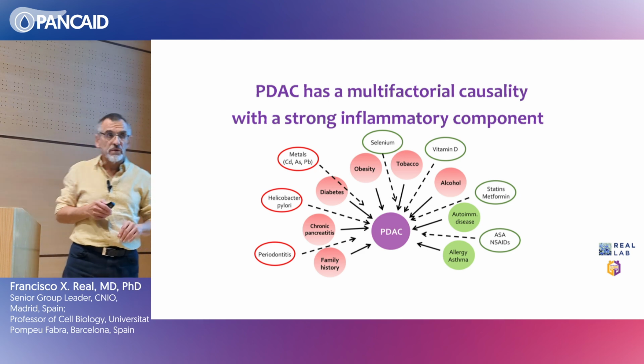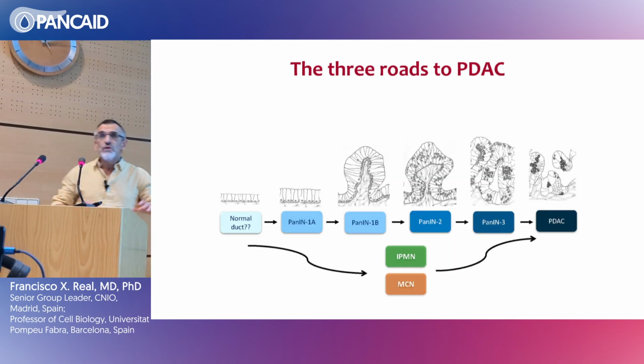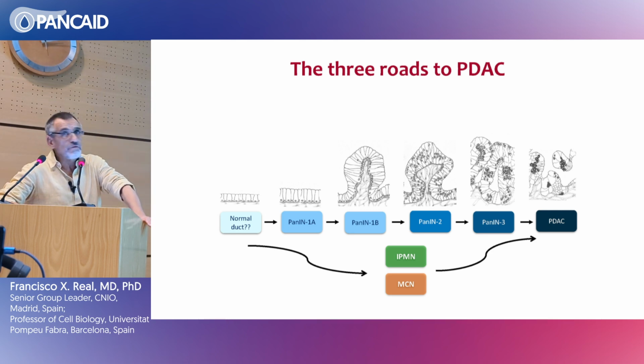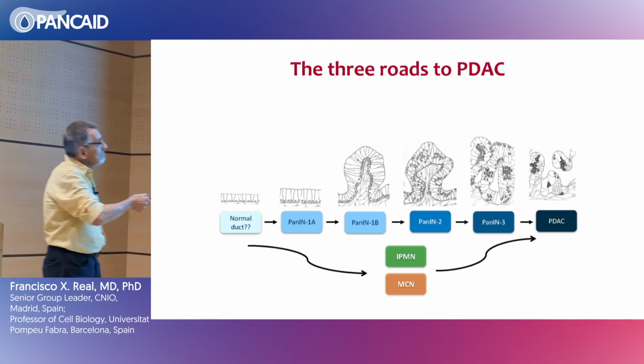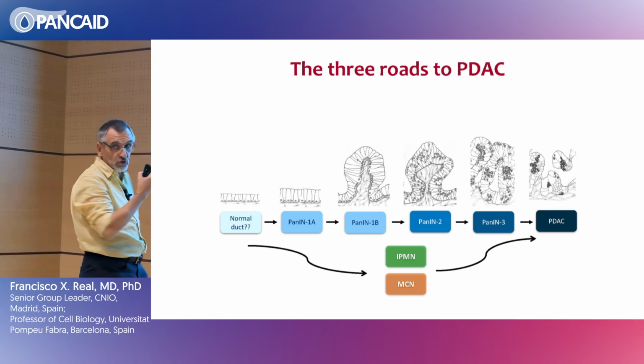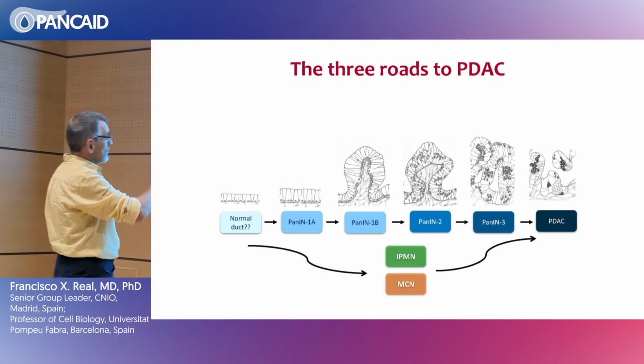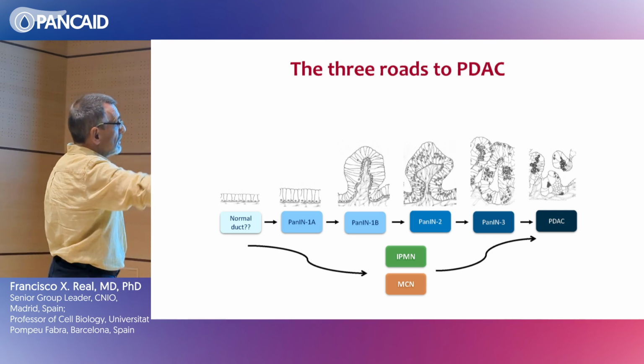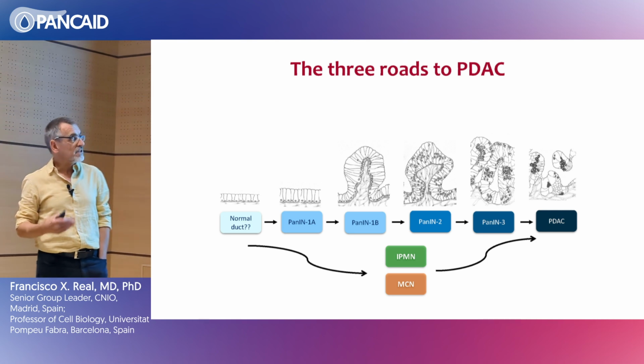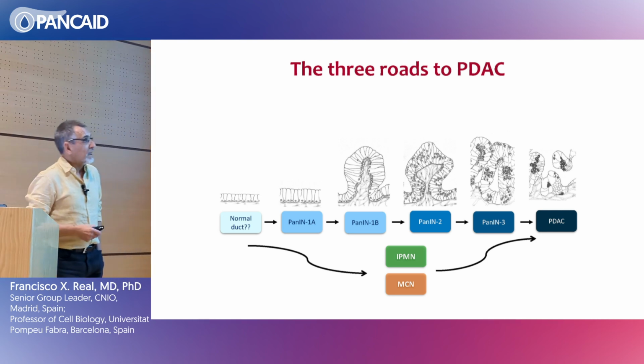So what do we know about how pancreatic cancer develops genomically? There are 3 roads to pancreatic cancer, as far as the pathologists can tell, and this is verified by molecular methods. There is a road that, whether it starts in normal ducts or possibly in acinar cells, from what we know in the mouse, we don't have any certainty in humans, goes through PanINs. PanINs are pancreatic intraepithelial neoplasia, low grade, high grade.